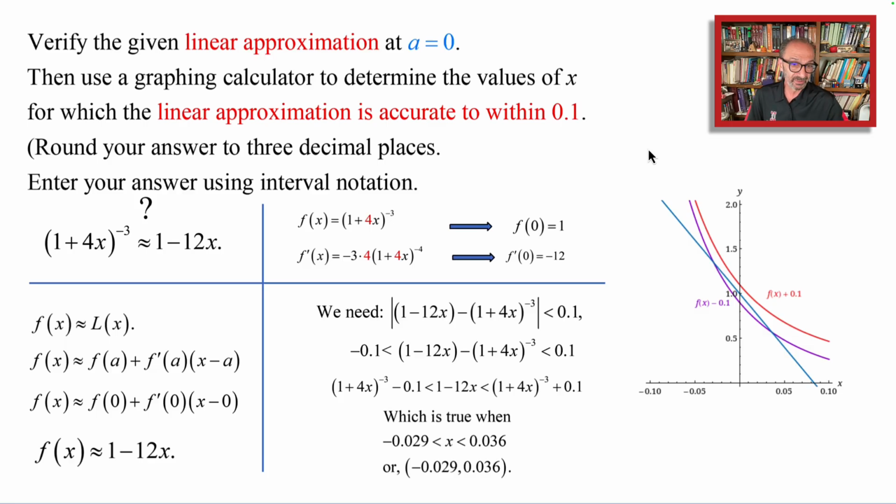The values will end up, that's x1 and x2, negative 0.029 and 0.036. As interval notation is written, I don't have to read it.